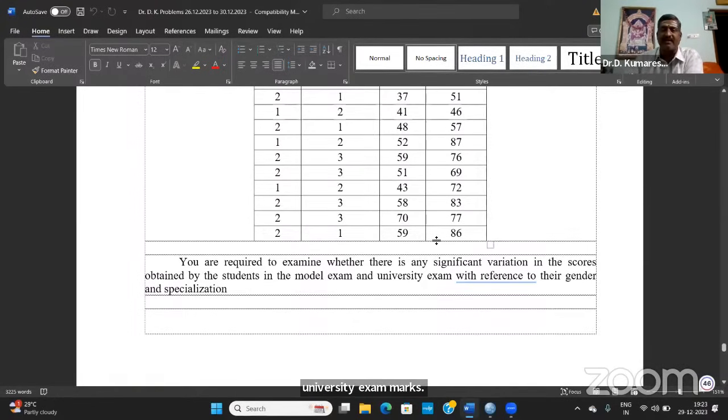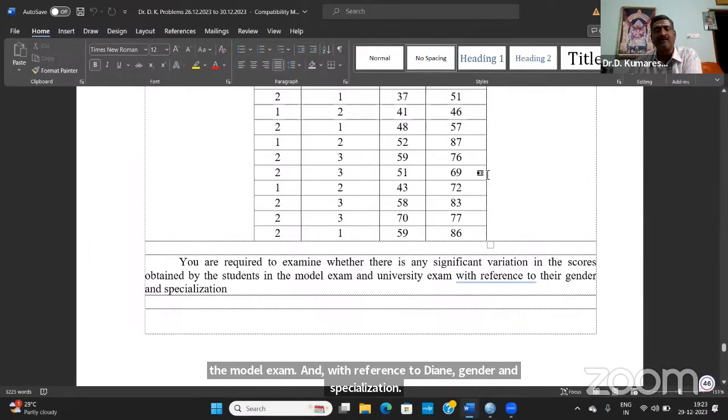You are required to examine whether there is any significant variation in the scores obtained by the students in the model exam and university exam with reference to their gender and specialization.